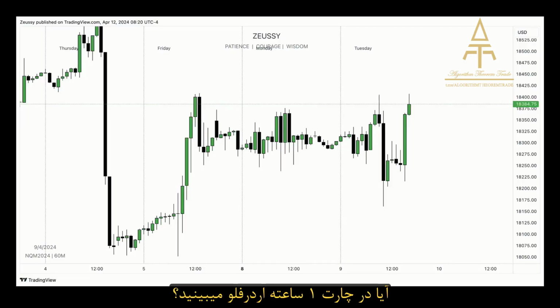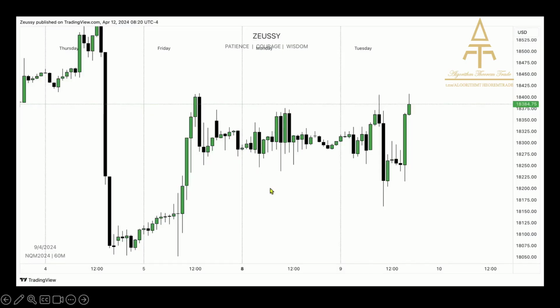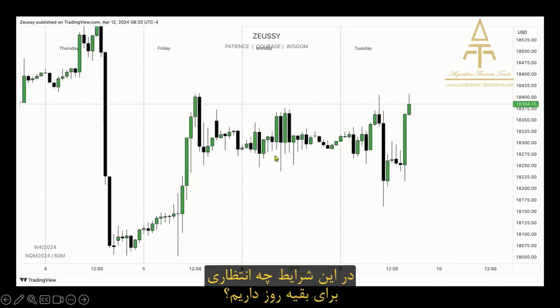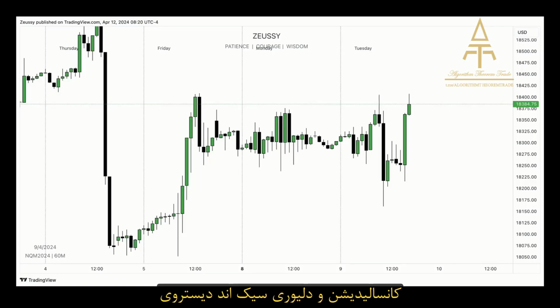Remember, we're on the hourly chart right here. Was there any order flow present on the hourly time frame that led you to believe that the market was either going to draw higher or lower? No, there wasn't, right? So when that is the case, what can we anticipate for the whole day? Consolidation, sideways delivery, seek and destroy.